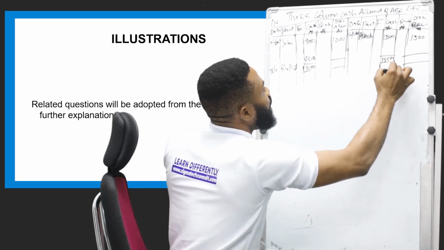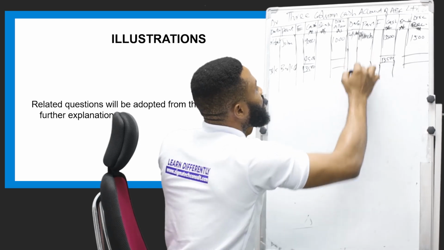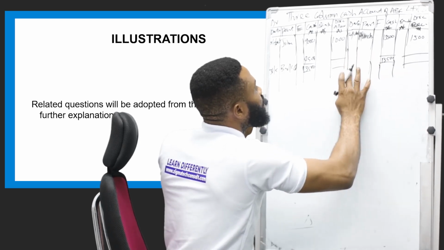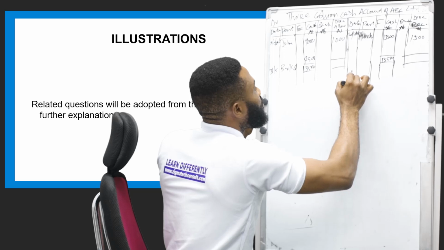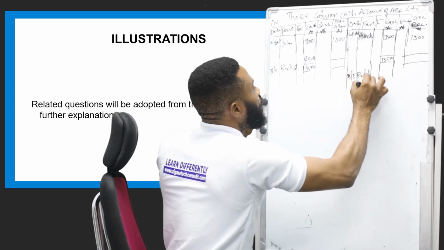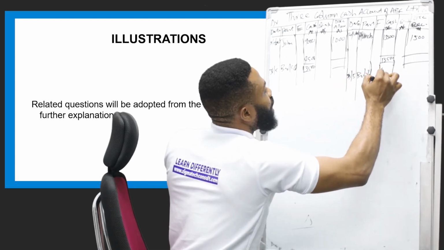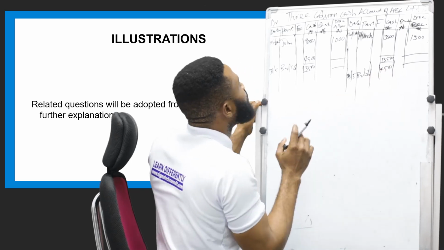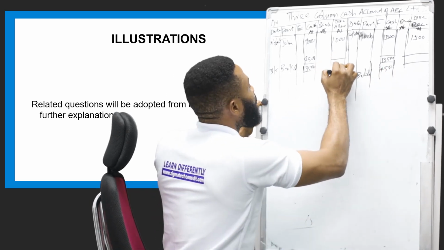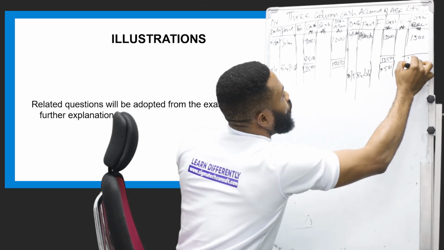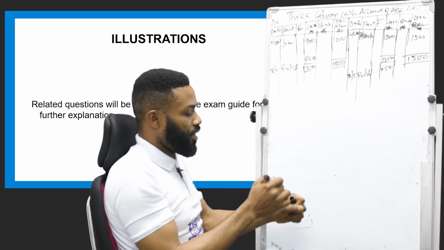13,500. And then your balance on 31st May, your balance brought down is what? 4,500. But for discount, here is just going to be 1,000, and here is going to be what? 1,500. Have you seen the difference now?